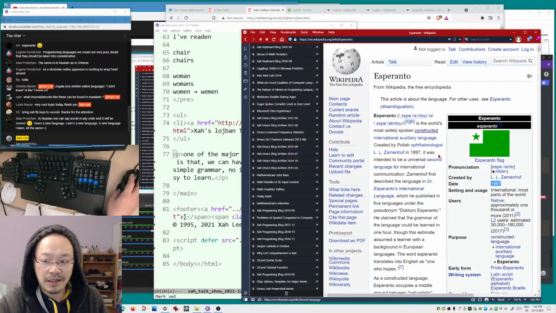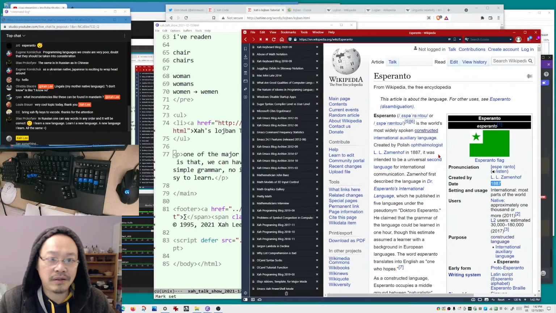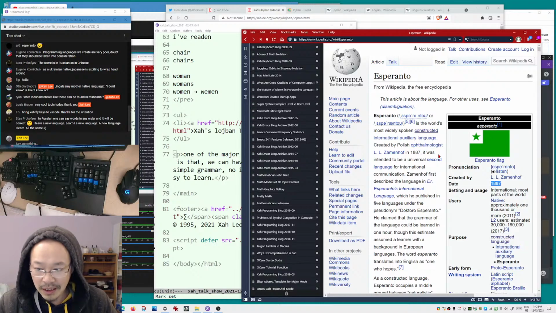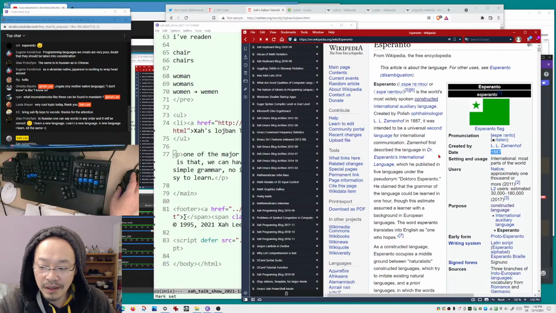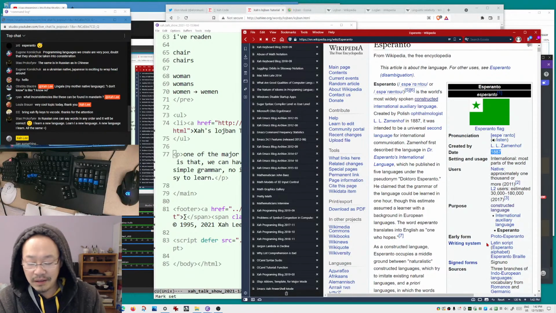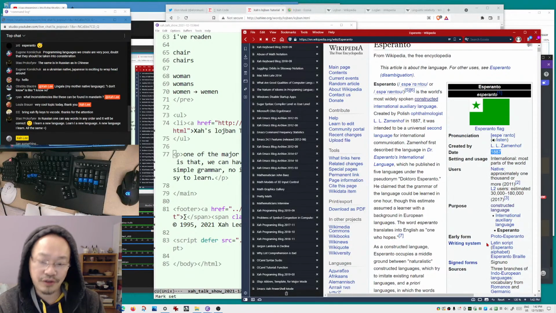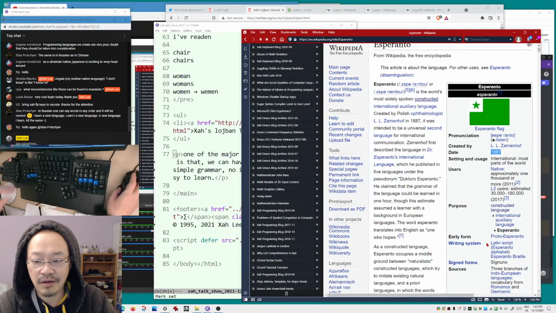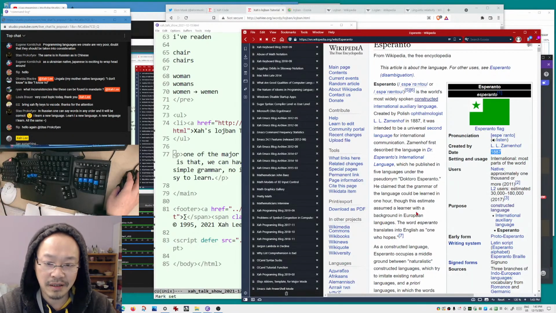Okay, that's a bit of history about Esperanto. The Esperanto vocabulary is based mostly on Latin derived languages such as English, French, Italian, and so on. None of the Chinese or Japanese.